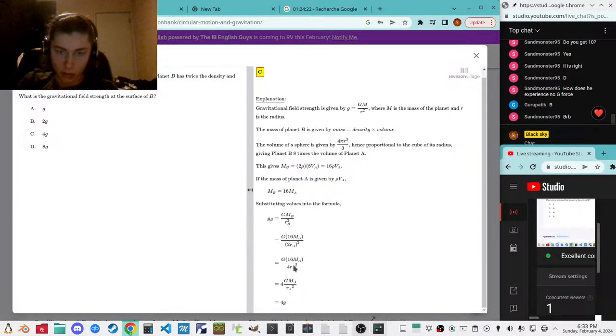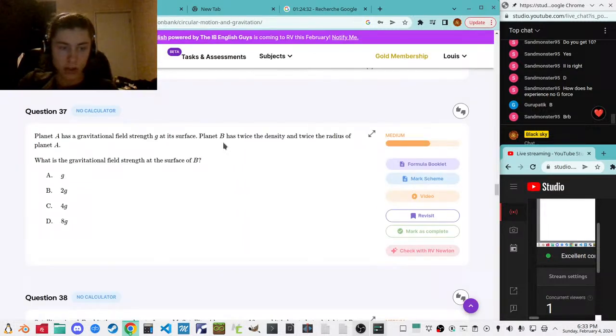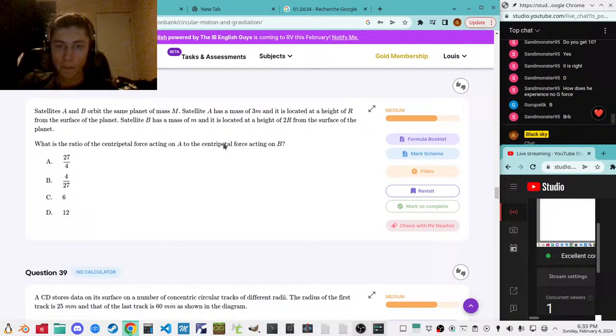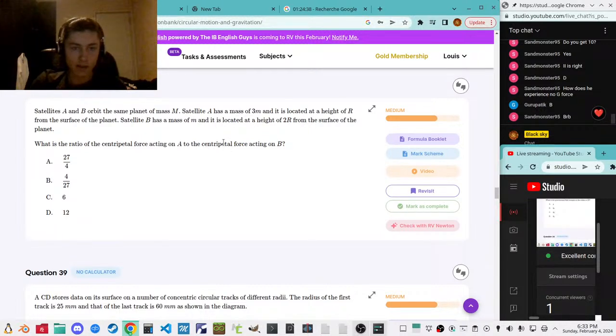Divided by 4. What did I forget to do? Sure. Satellite A and B orbit the same planet of mass M. Satellite A has a mass of 3m and is located at a height r from the surface of the planet. Satellite B has a mass m and is located at a height of 2r from the surface of the planet.